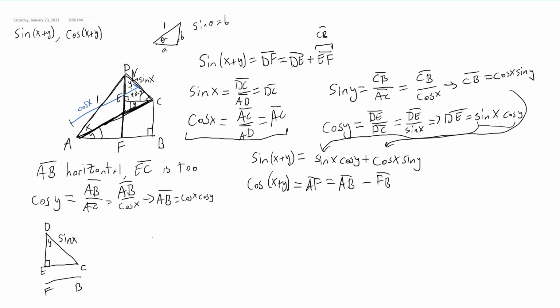Now let's look at what the sine of y from this triangle is. Well, it's length FB, or EC, same, over DC. But DC was sine of x.